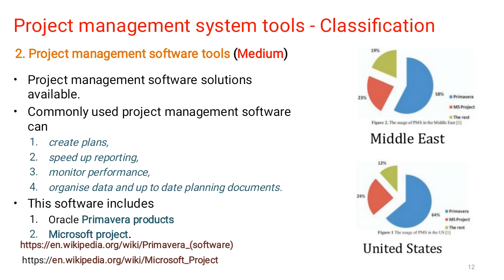Three colors represent three various packages used for project management: blue represents Primavera, red represents MS Project, and the other color represents the rest of the packages. And here you can see that substantial projects in both the Middle East as well as the United States make use of Primavera packages.